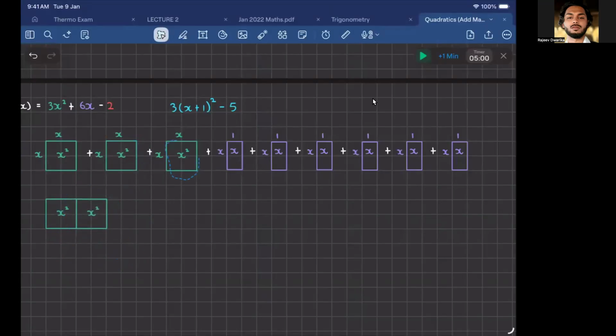I'm going to take another block and put it down over here. Do you guys understand what I did so far? Yes, sir. If you think about this as Lego blocks, I just took these three and organized them like this. But it's still 3x squared. It's literally still 3x squared. Are we on the same page there?